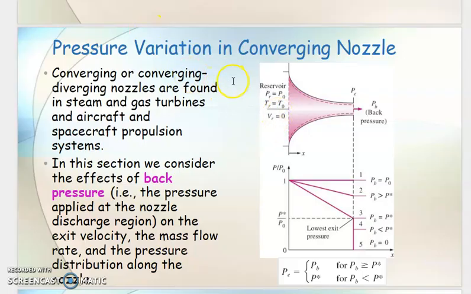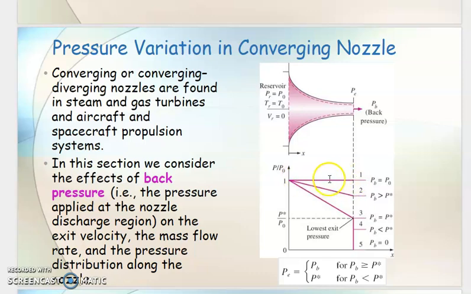Similar to this converging nozzle pressure variation, here you have a back pressure equal to P naught, which is the stagnation pressure at the entrance. So the pressure within the converging nozzle is the same.